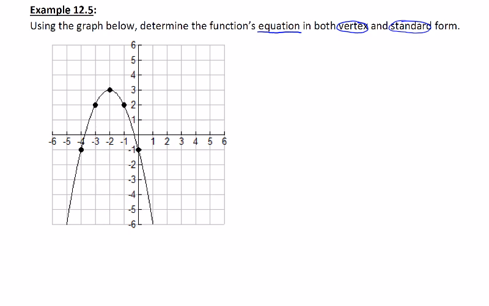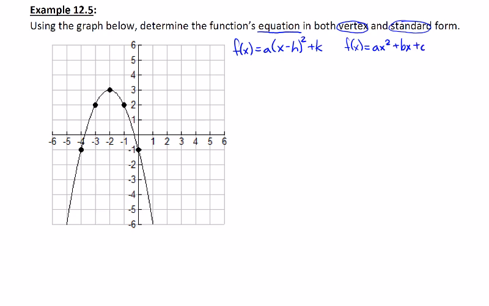The vertex form we know would be f of x equals a times x minus h squared plus k, and our standard form, which was the first form that we discussed in this section, is that ax squared plus bx plus c form.